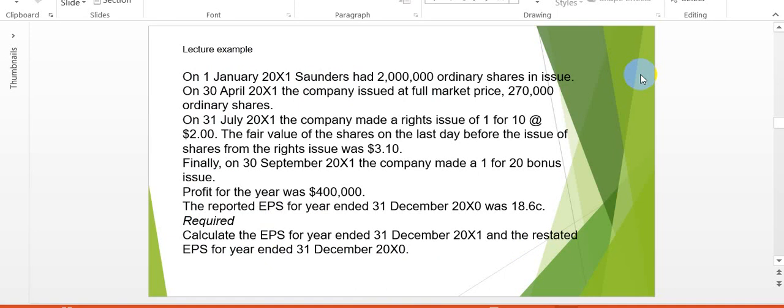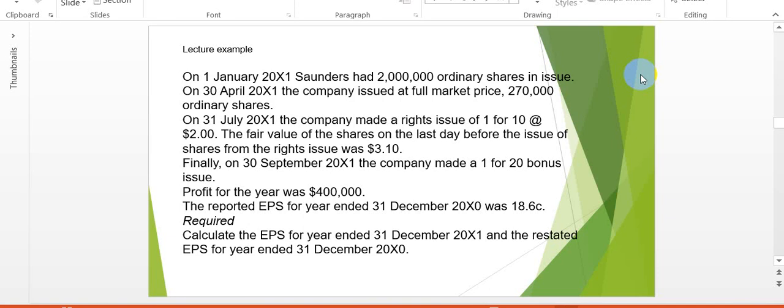We'll go into a comprehensive example question which will cover a market issue, a bonus issue, and a rights issue. So in this lecture question, on 1st January 20X1, S had 2 million ordinary shares in issue.